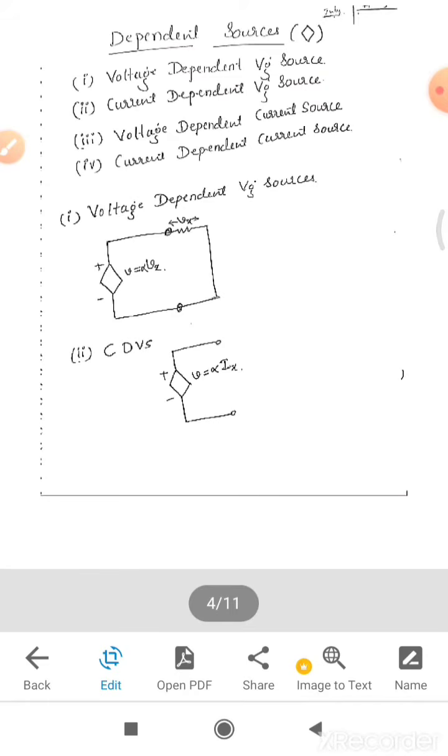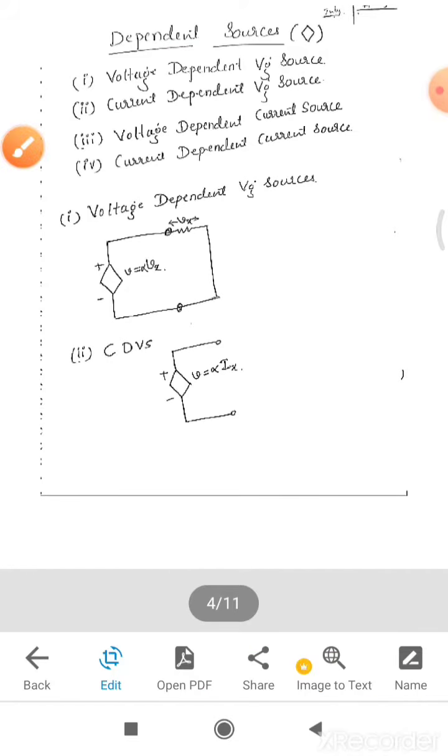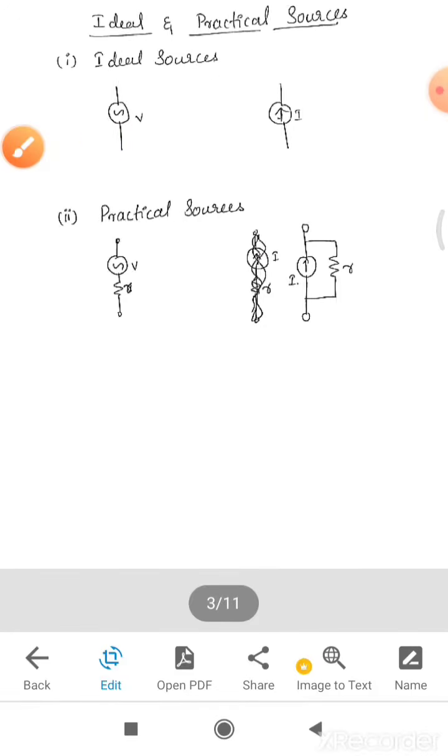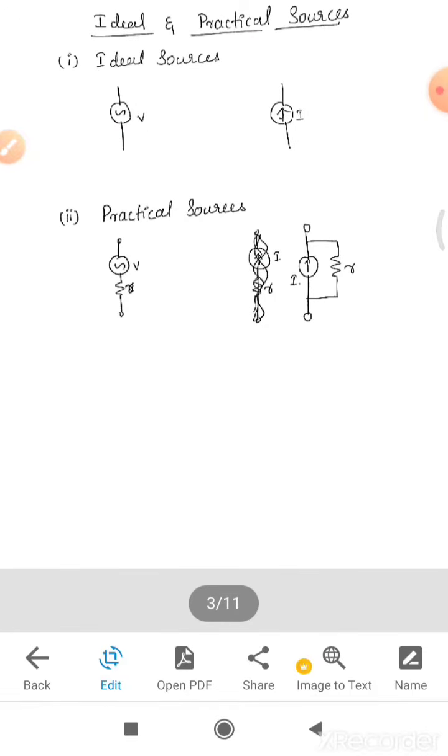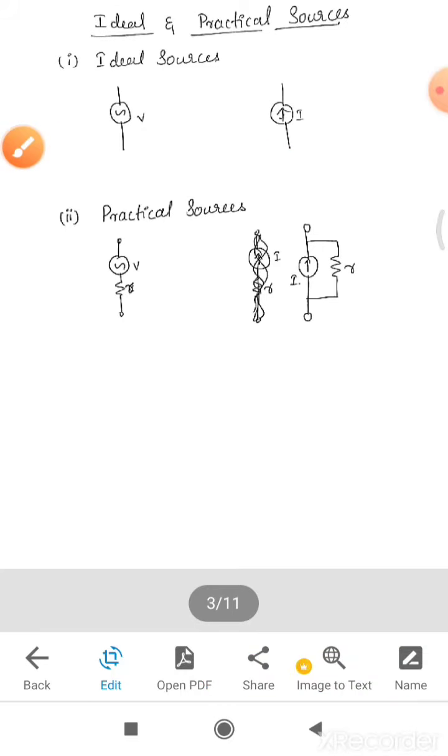Next we'll go to dependent sources. This is indicated with a rhombus. There are again four types. Remember, independent and dependent: what we discussed so far are all independent sources, because they are not going to depend on anything.